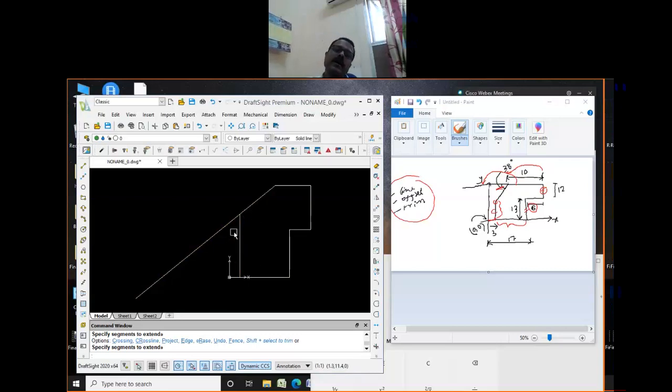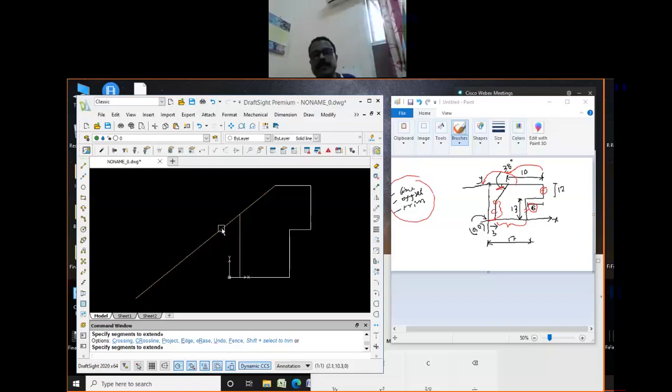Now I cannot leave this line like this. I have to remove this line up from here. So how can I remove it? Trim, very good.